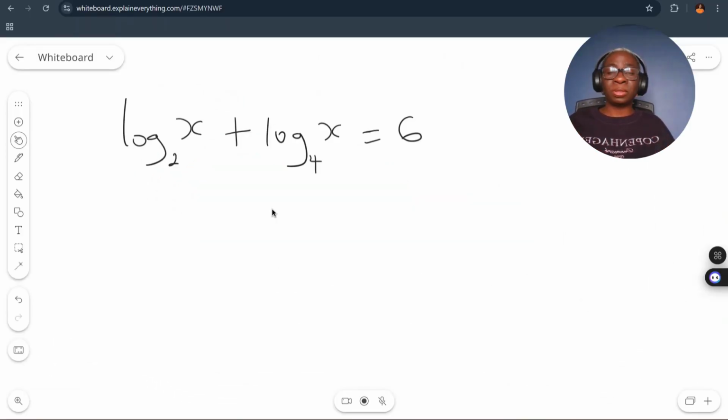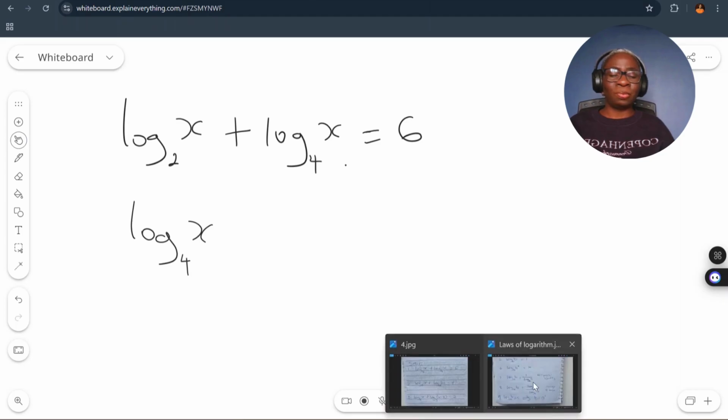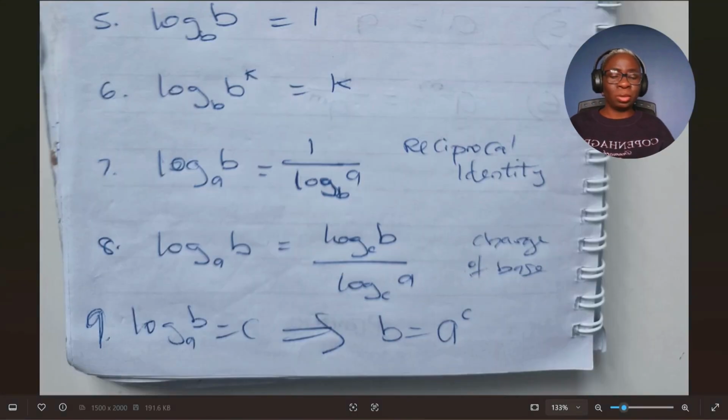So here is the first question: log x base 2 plus log x base 4 equals 6. Now let's change the base of one of them. You can change the base of either, but let's use the change of base rule for log x base 4. This is what it looks like.